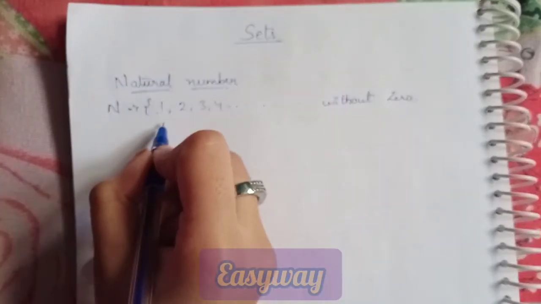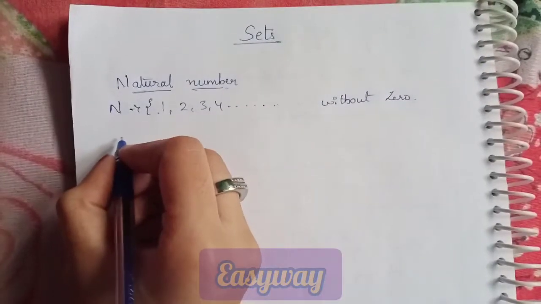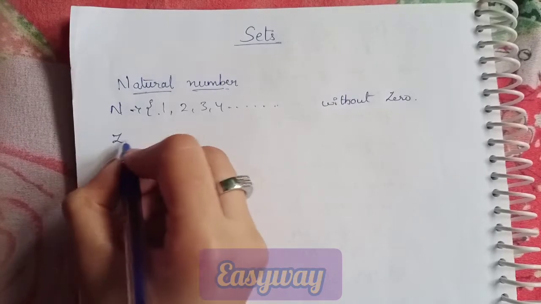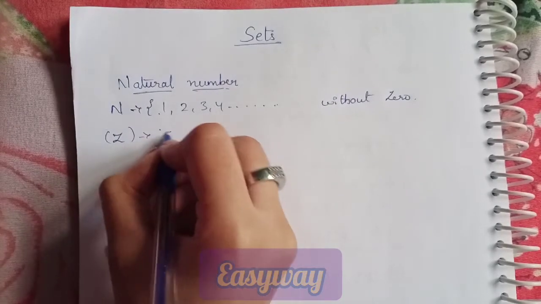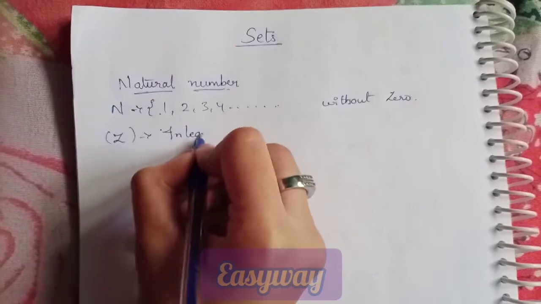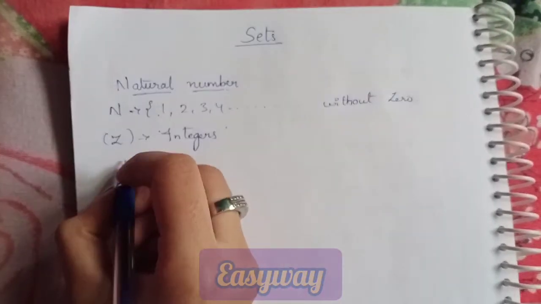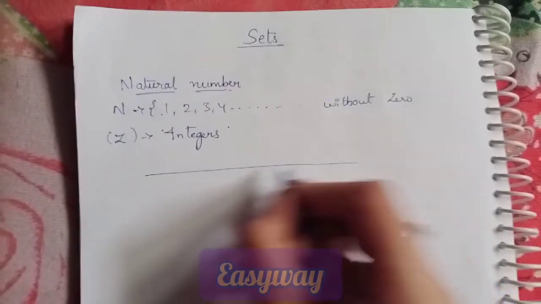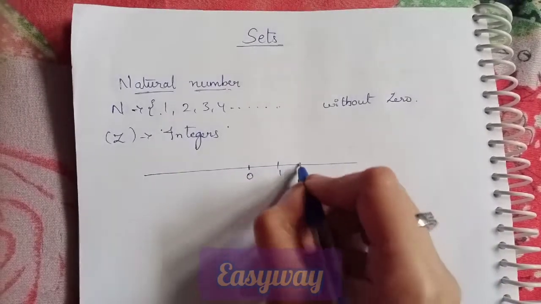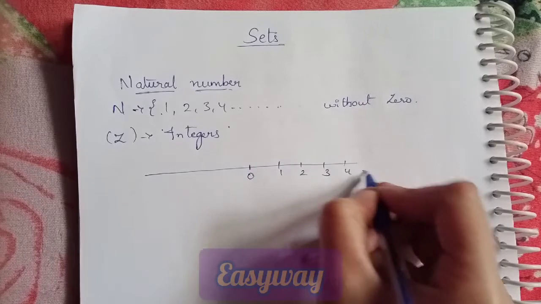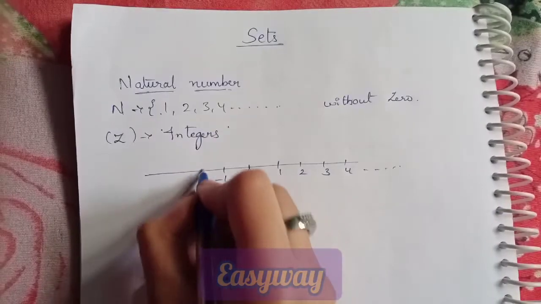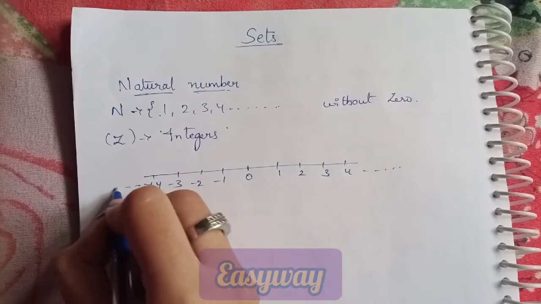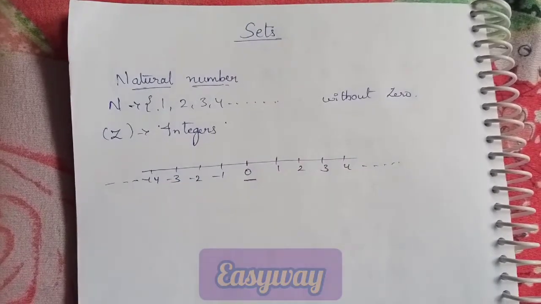It doesn't include 0. Next, integers, which we denote as Z. What are integers? Integers are like a number line: 0, 1, 2, 3, 4 and so on, and also -1, -2, -3, -4 and so on, including 0.